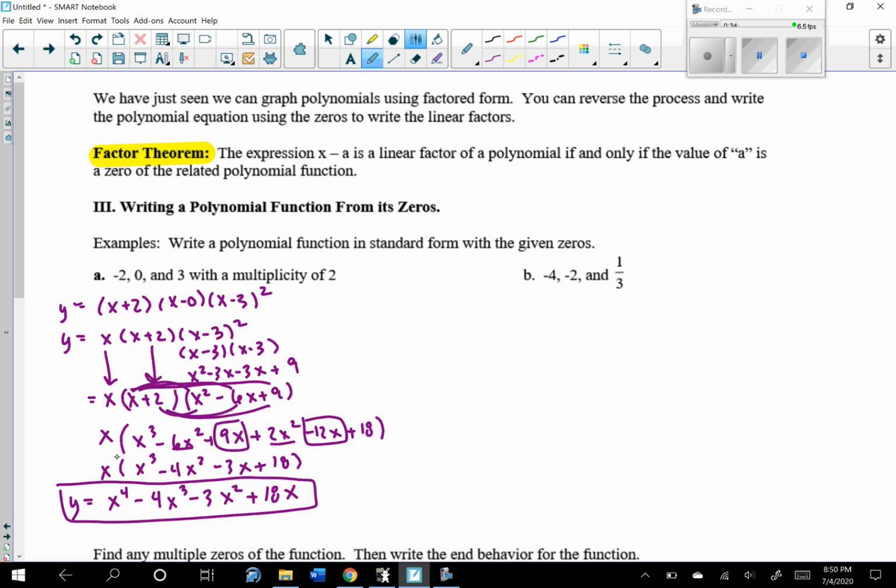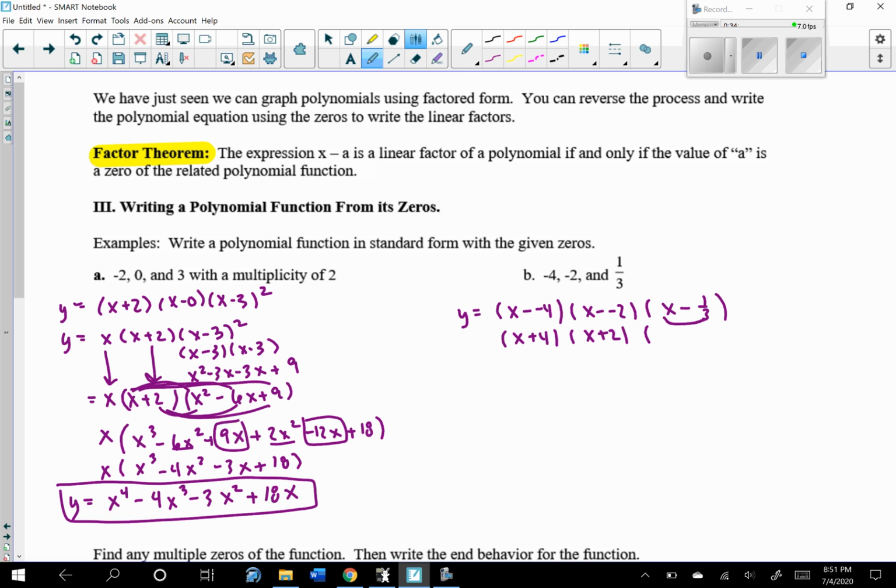For this one over here, we have y equals, this becomes x minus negative 4, x minus negative 2, and x minus 1/3. So minus minus becomes plus, so x plus 4, x plus 2, and we don't like to leave this as a fraction because if you were to multiply that out with a fraction, it's going to be a lot harder.